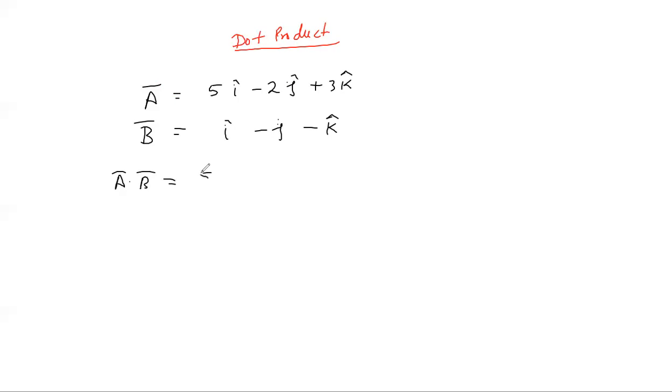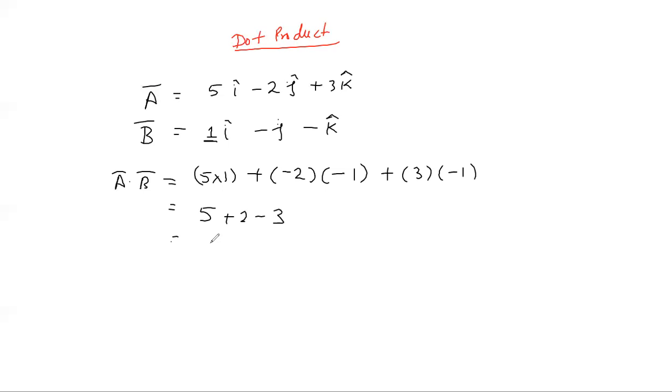A dot B equals 5 into 1, because here the coefficient is 1, plus the coefficient of j is minus 2 and the coefficient of j in B is minus 1, plus 3 into minus 1. So what we get? 5 plus 2 minus 3. So 7 minus 3, that is 4. So A dot B we get 4. Is it clear to all of you? What is the value of A dot B? That is 4. So scalar product is clear if vectors are given.